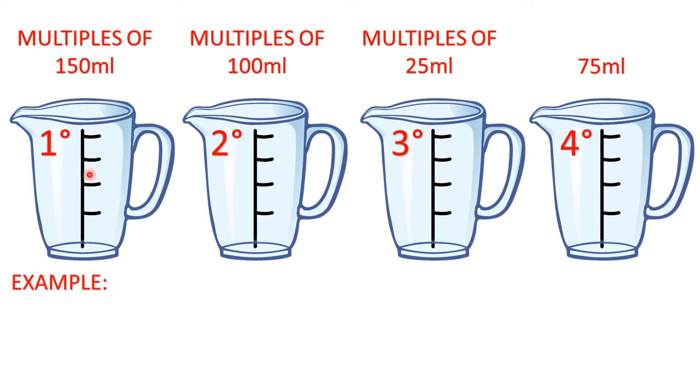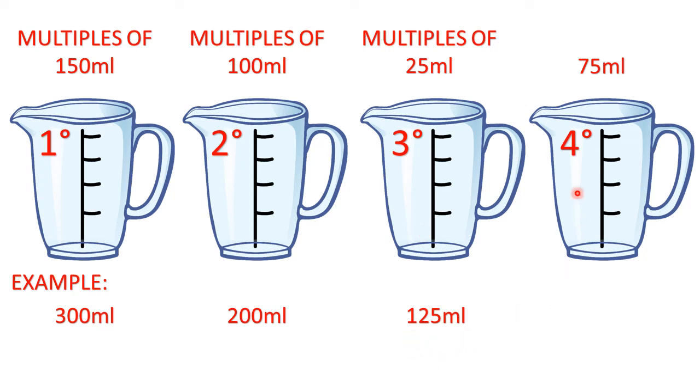Let's take a look at the example that I thought of. In the first jug, a multiple of 150: 300 is a multiple of 150, since 150 plus 150 is 300. A multiple of 100 is 200. A multiple of 25 is 125.